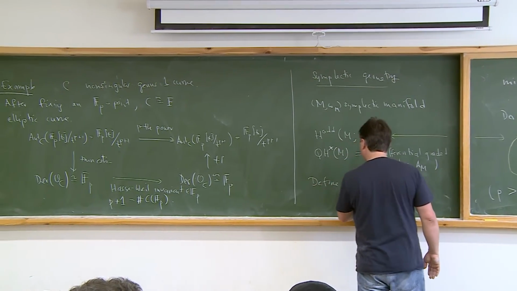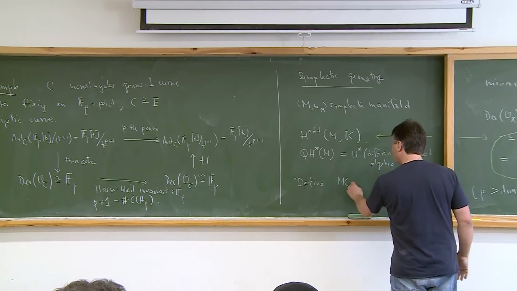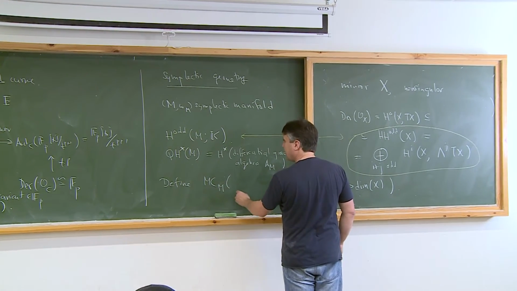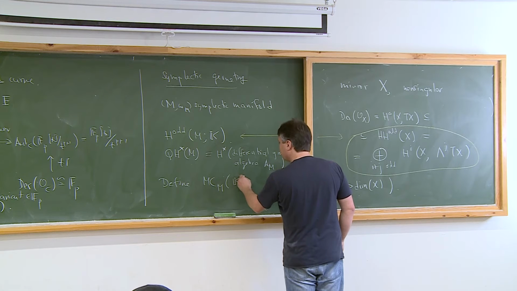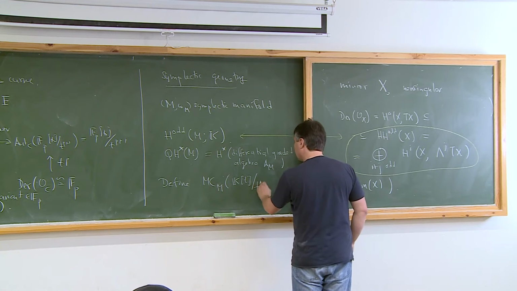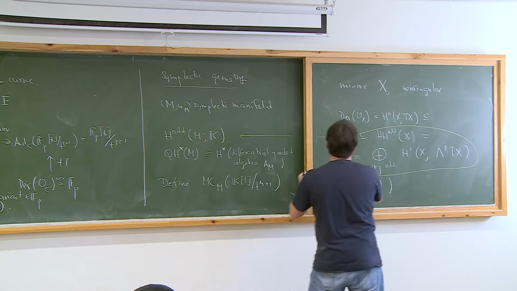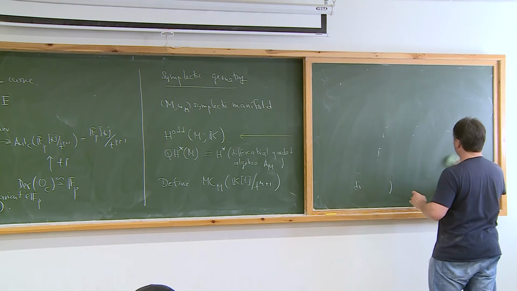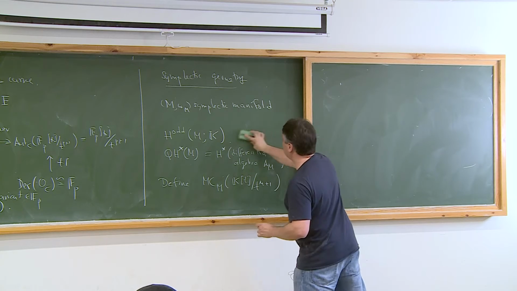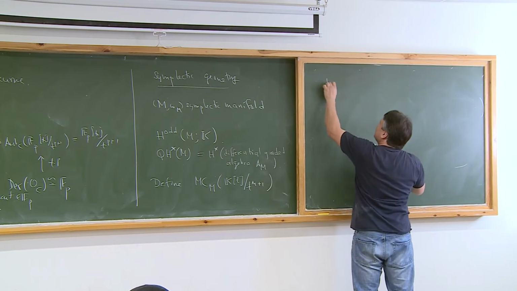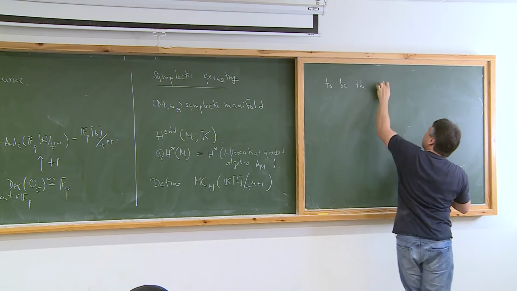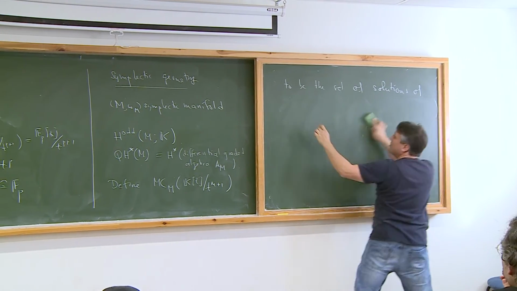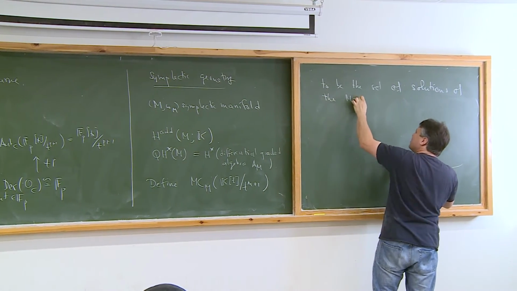So MC stands for Maurer-Cartan of M, and again it works, you put this thing here, okay, and I define this one here to be a set of solutions of the Maurer-Cartan equation.